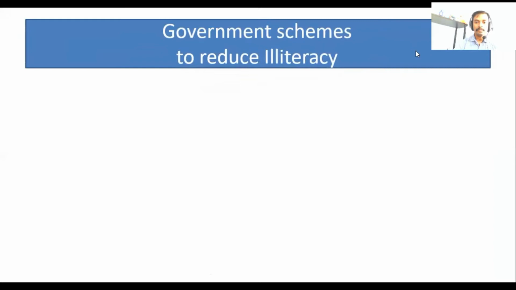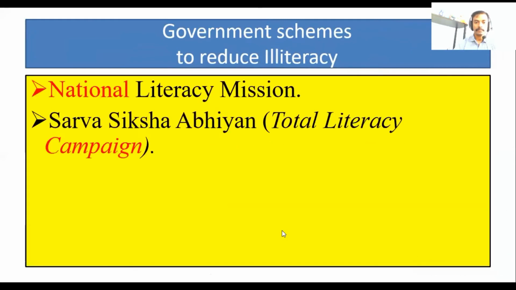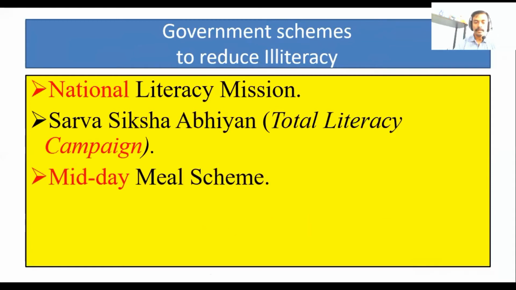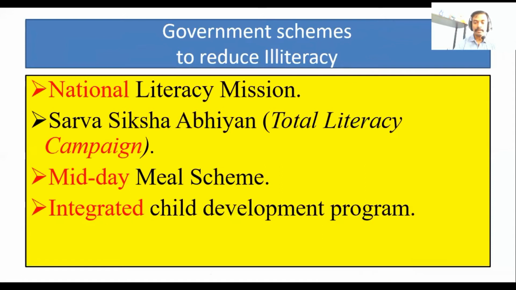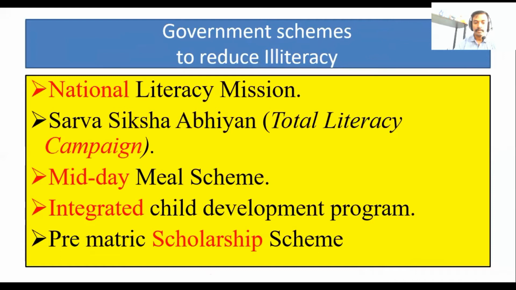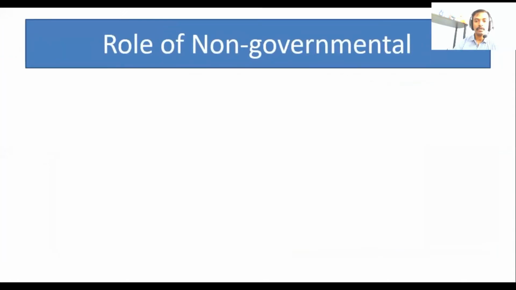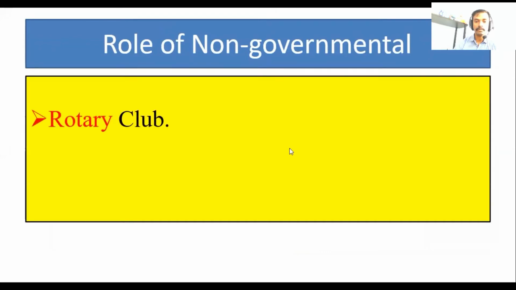Then government schemes to reduce illiteracy: National Literacy Mission, Total Literacy Campaign, Midday Meal Scheme to prevent dropout, Integrated Child Development Program, and various kinds of scholarships. Then the role of non-governmental organizations: numerous NGOs work to eradicate illiteracy.